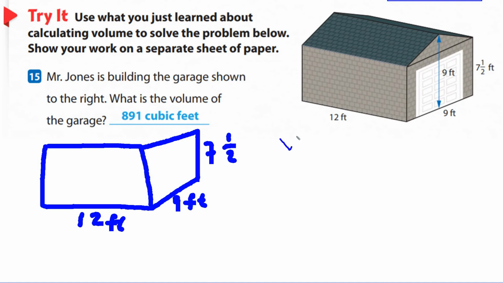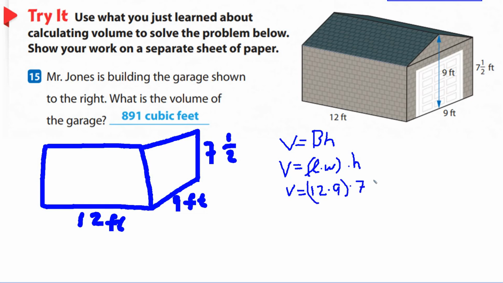And now I need to find the volume of that. Remember, it's base times height. And the base is a rectangle, excuse me. This is a rectangular prism. So you got length times width, right? And then times the height. So volume equals 12 times 9, right?